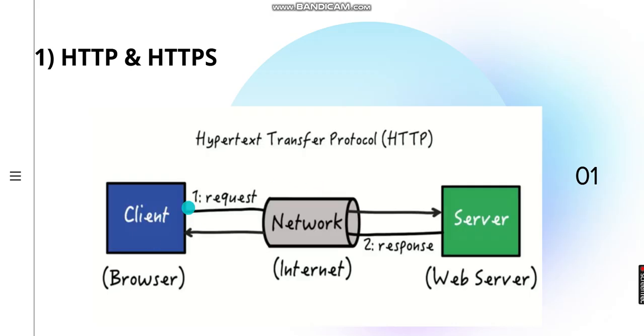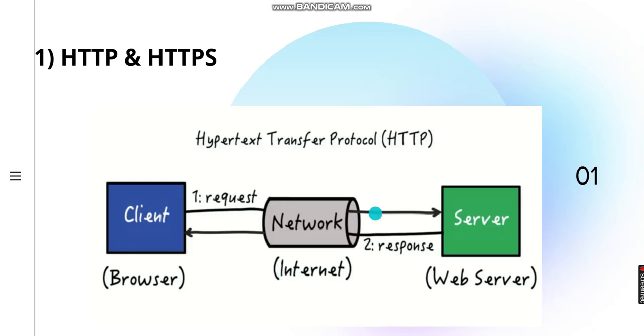The client sends the request to the server via the network, that is the internet. This request includes headers containing details like request type, browser type and cookies, and sometimes in the request we also send a payload, that is the request body, which carries additional data like some input form or some extra details.